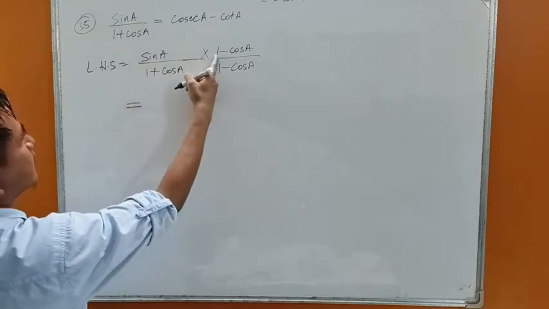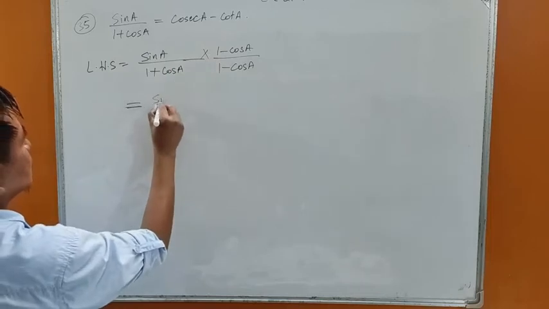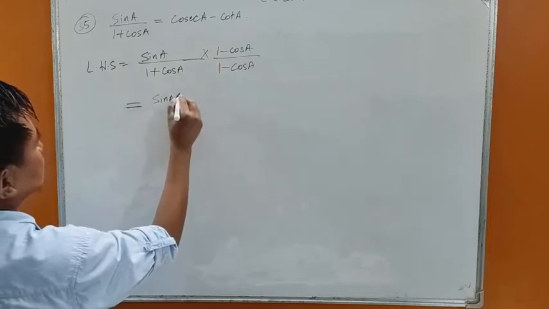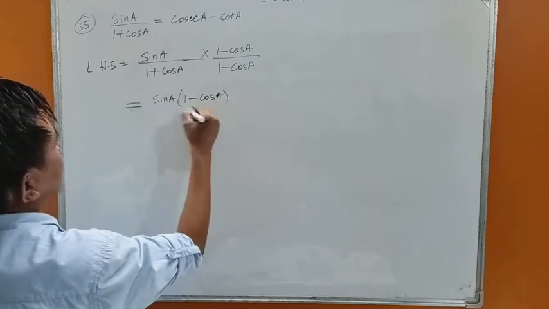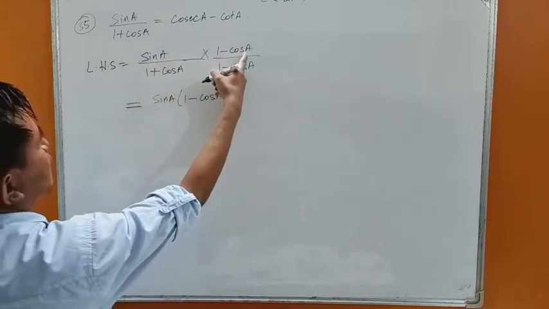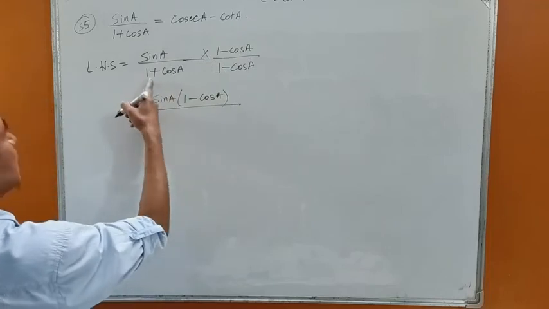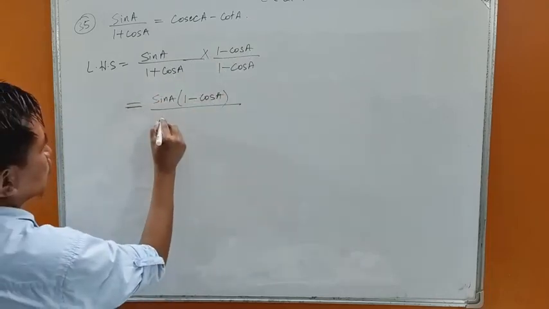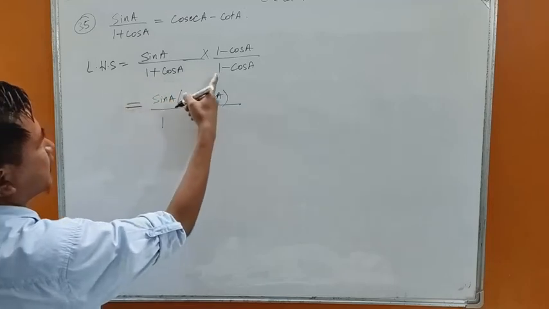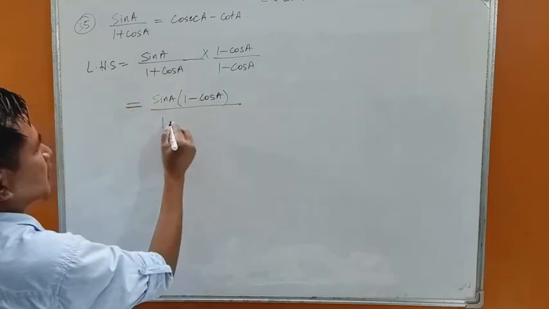So sin A into 1 minus cos A, whole upon 1 plus cos A into 1 minus cos A. That is A plus B, A minus B, which is A square minus B square.